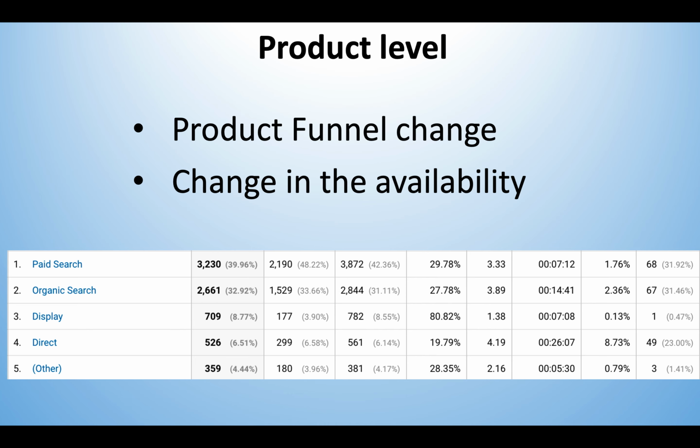Even that can be analyzed here. If there is a drop in the CR across the platform, across the channels, then it can be deduced that it is because of the change in the availability. You can also dwell deeper into this whole product funnel using your e-commerce analysis, figure out why it is actually dropping, and then report to your product team.